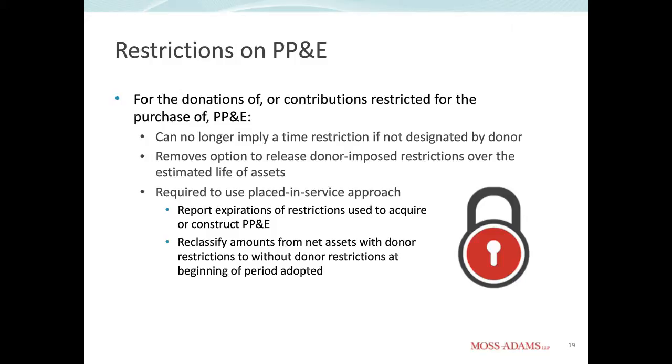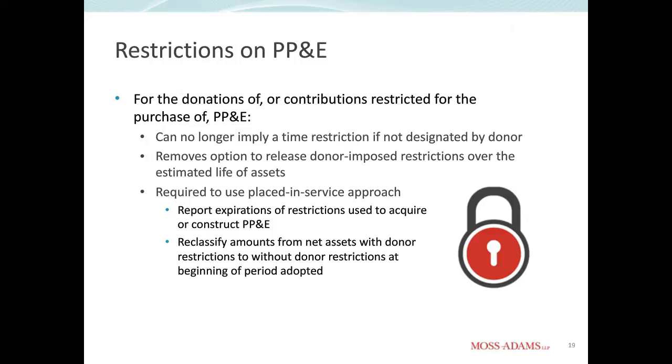Absent any donor stipulations specifying how long such donated assets, or assets constructed or acquired with cash restricted for such acquisition or construction, must be used, then restrictions on those long-lived assets, if any, expire when the assets are placed in service.